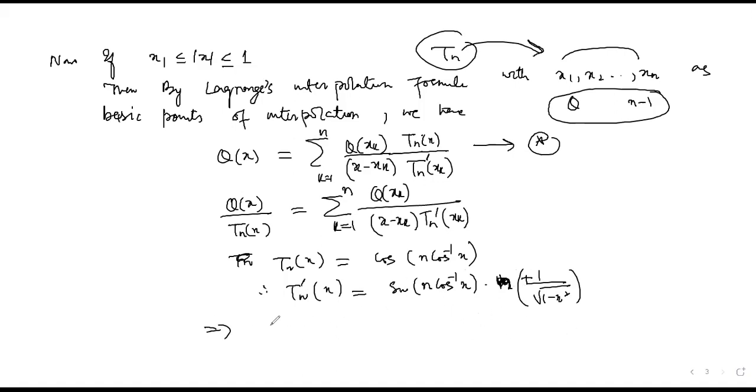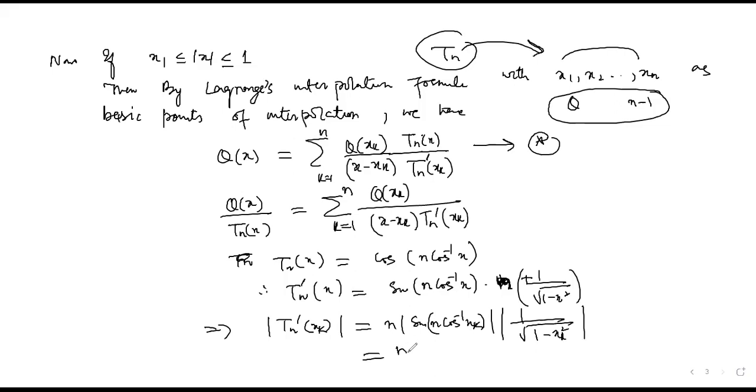So which implies that modulus of Tn dash at x is equal to n times sine of n cos inverse of x, right, into modulus of... and here I should have written xk, sorry, xk, because I want to see Tn dash at xk divided by square root of 1 minus xk square, mod, when I apply it, which is equal to... and what I have done is that under the xk, the value will be just plus minus 1, because these are just odd multiples of pi by 2.